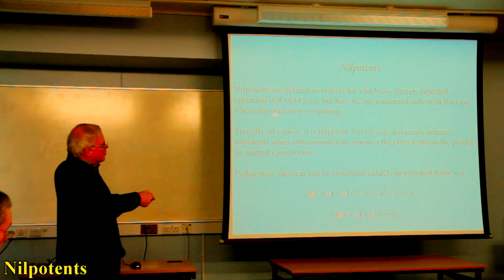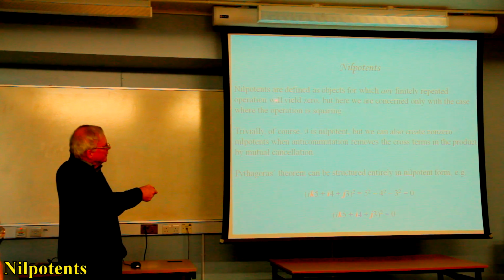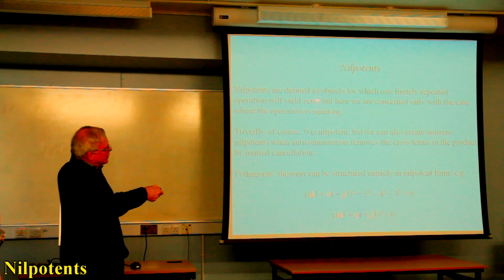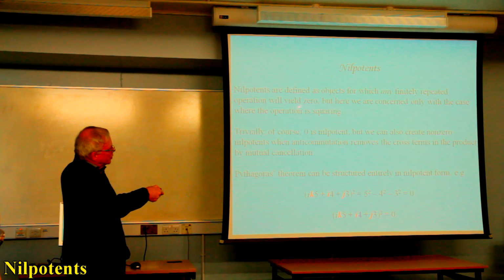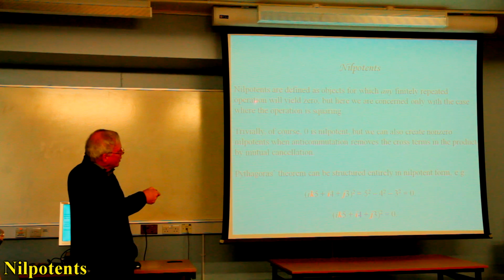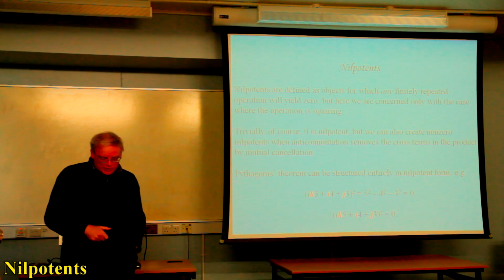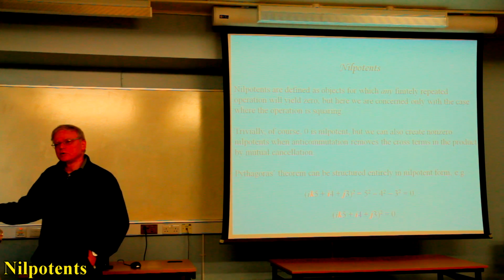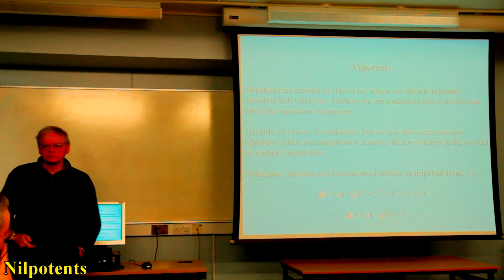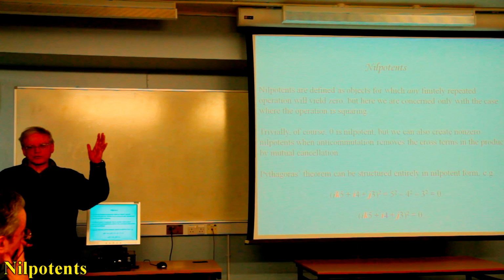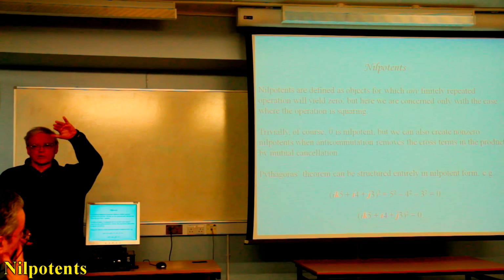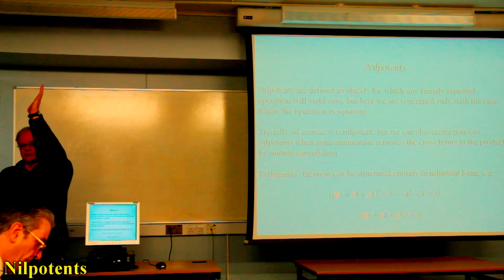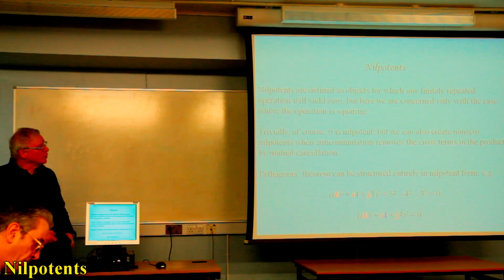This is going to be more important to us immediately, and I'm going to talk about nilpotents because these will come into what I'm talking about. Nilpotents are objects for which any repeated operation eventually produces 0. You can get them with upper triangular matrices, for example. You just gradually reduce the matrices till the matrix becomes 0.